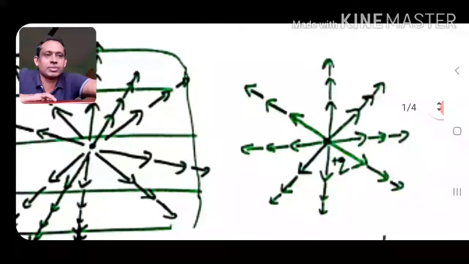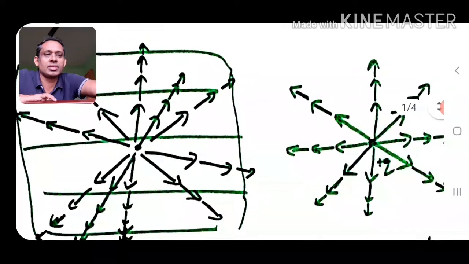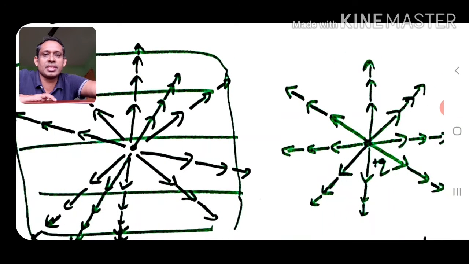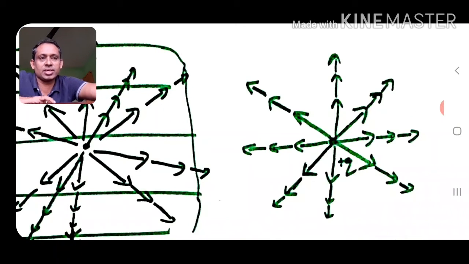Near the charge we have a vector of this length, and as we move away from the charge, the length of the arrow decreases. And it is in the radial direction, everywhere around the charge. So this is how we represent the electric field vector around a charge.